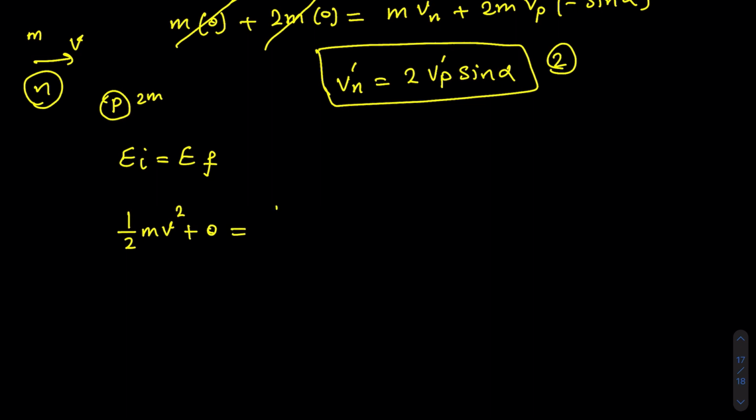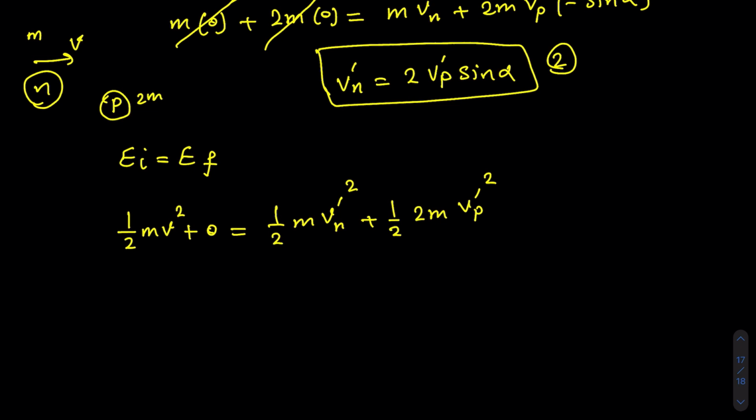This is equal to a half of m, the mass of the nucleus, times its velocity after collision, v_n prime, squared, plus a half of the mass of the particle, which is 2m, times the velocity of the particle after collision, vp prime squared.